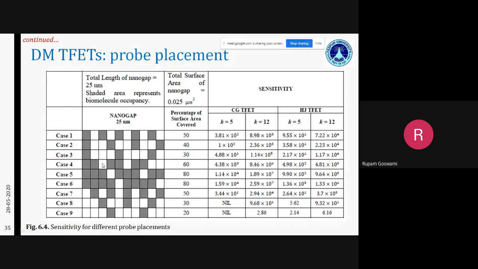As we increase the number of continuous black blocks in the device, the sensitivity will increase as compared to the others. Also, just look at the last three cases, case 7, 8, and 9. You will find there are empty blocks just at the tunnel junction. In that case the sensitivities are very low, and in some cases not even measurable, so I have put nil there.